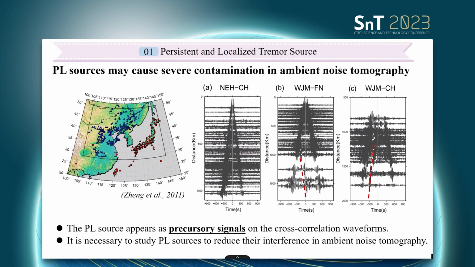The second one, the period of PL sources is close to the ambient noise, so they may cause severe contamination in ambient noise tomography. The PL source usually appears as precursory signals on the cross-correlation waveforms, like the red lines in the figure. So it's necessary to study PL sources to reduce their interference.